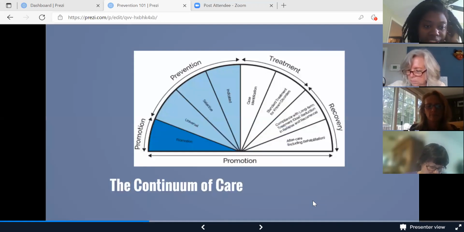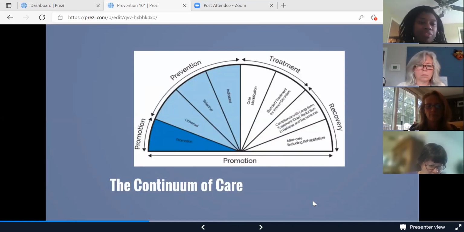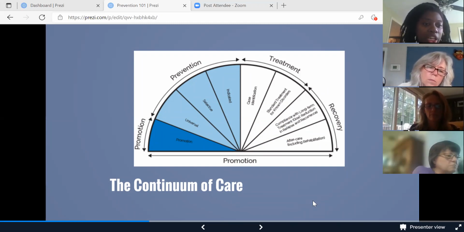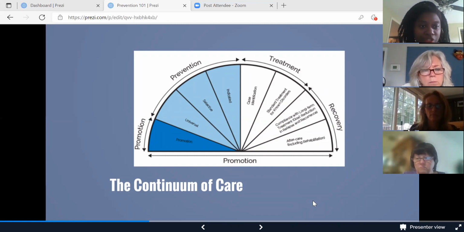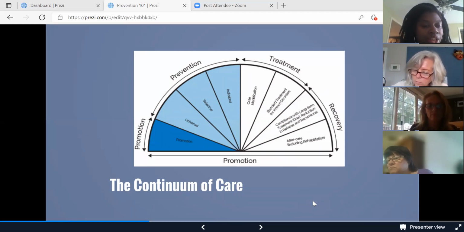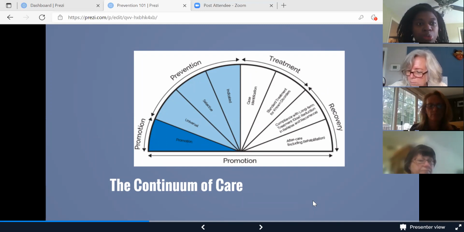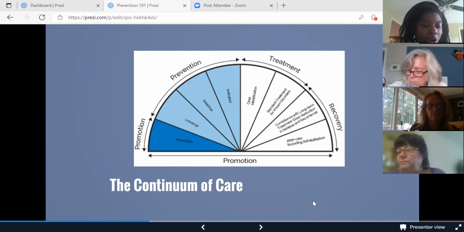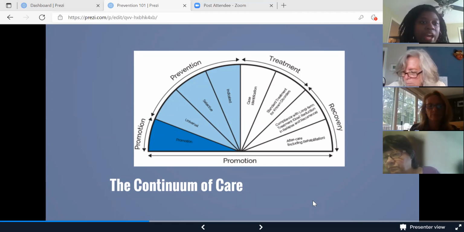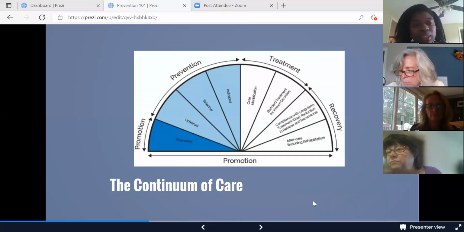So just taking a look at this diagram for the continuum of care. There are 4 different sections of the continuum of care. There is promotion, prevention, which is kind of where we are, treatment, and recovery. They all kind of work together in order to build a healthy community, in order to keep people who are within the promotion and the prevention stages from having to move into the substance treatment and recovery stages.